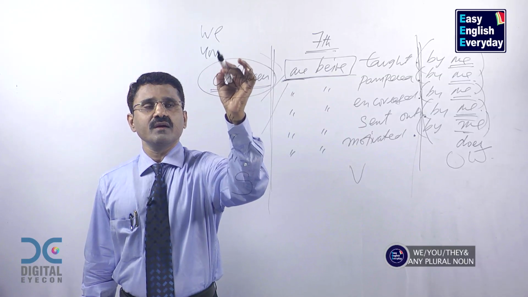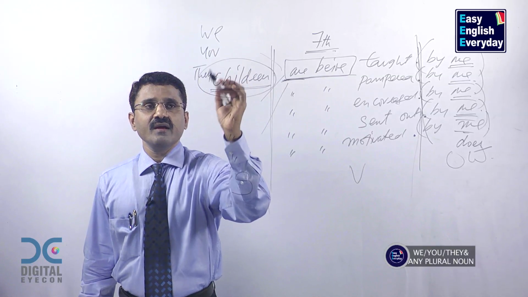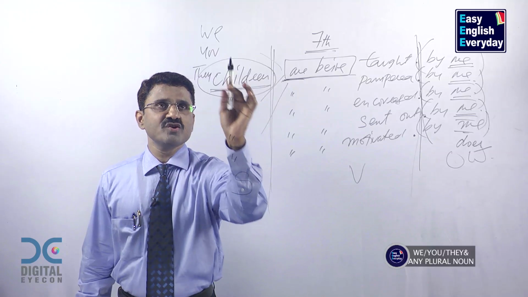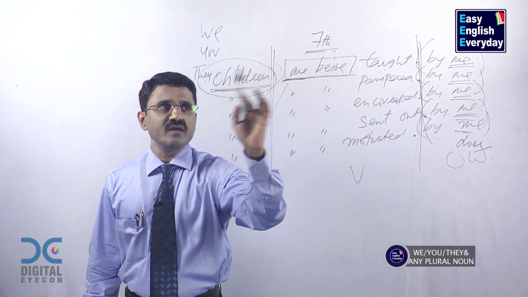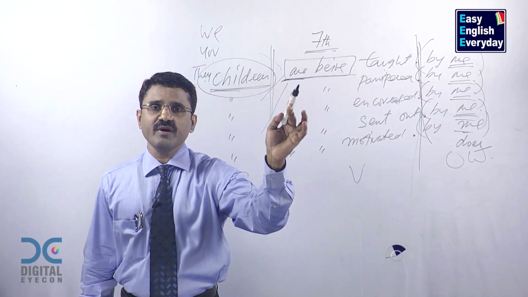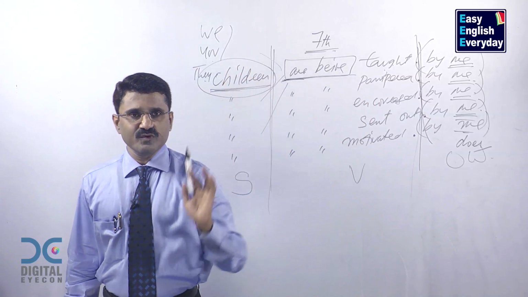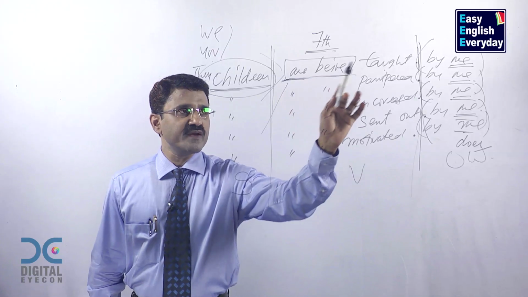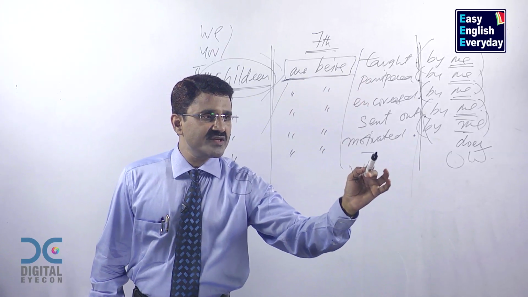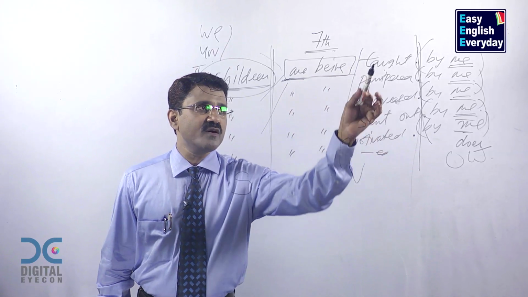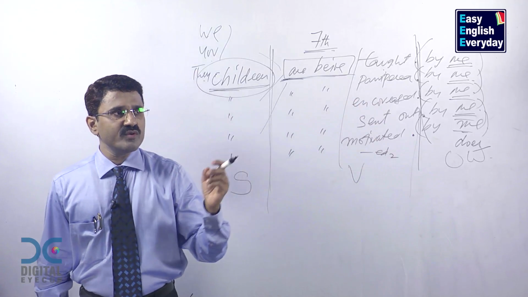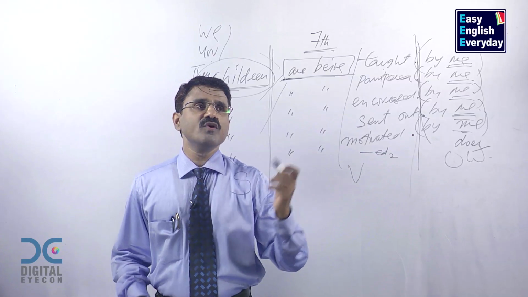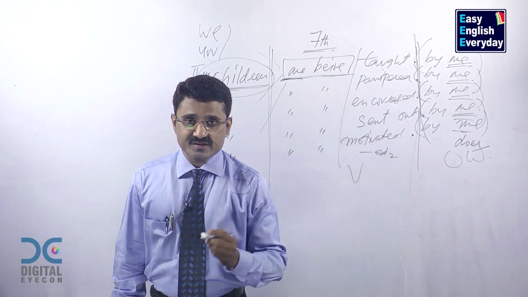We, you, they, and any plural noun like children. We are being taught, you are being taught, they are being taught, children are being taught. So keep using these four subjects. This is fixed. Keep on changing the past participle forms. These are called past participle forms. The more past participle forms you have, the more sentences you can make.